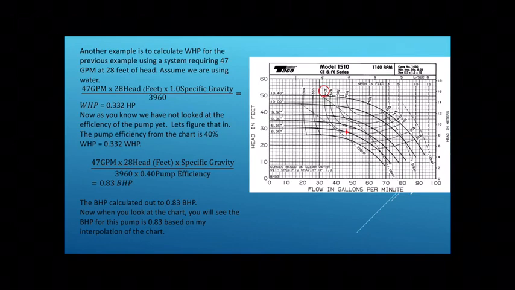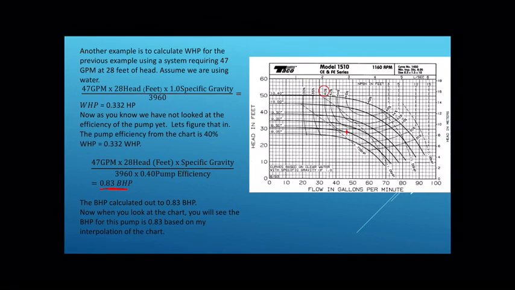Now, if we take a look at the efficiency of this pump at that flow rate and head, that would be 40%. So when we take a look at that, you'll notice that it comes out to 0.83 brake horsepower at that 47 GPM. So that's pretty much spot on with where the pump curve is telling us that it is.